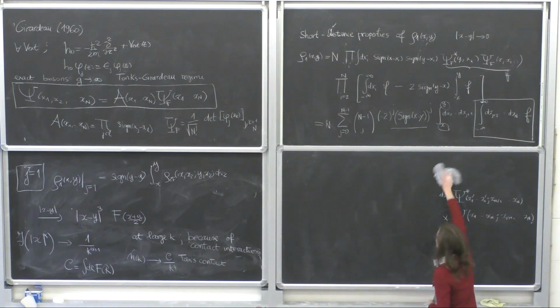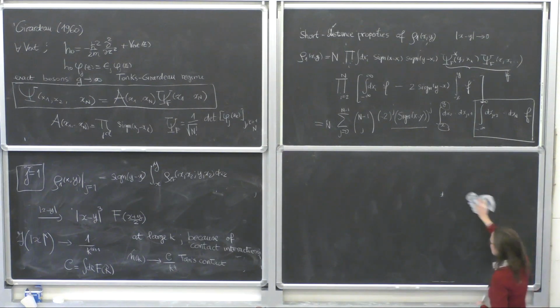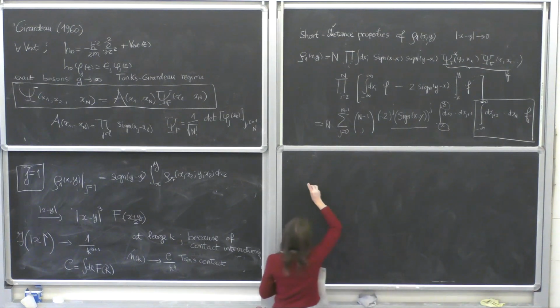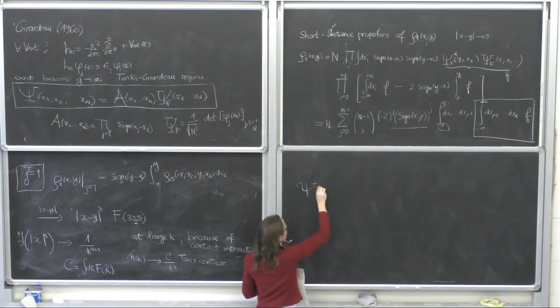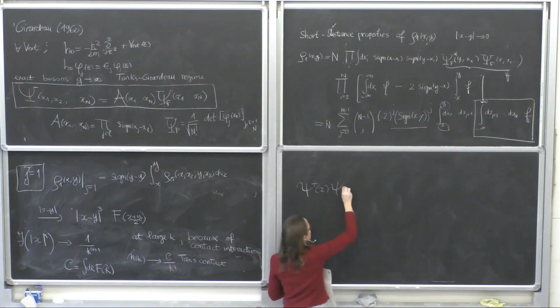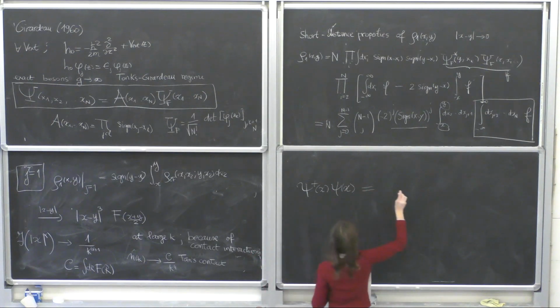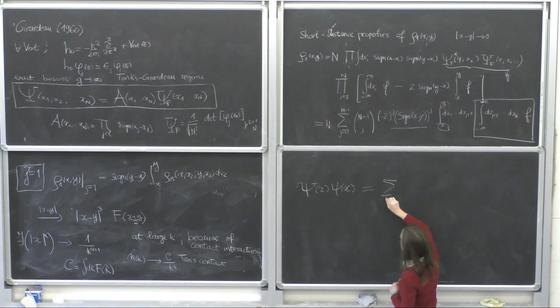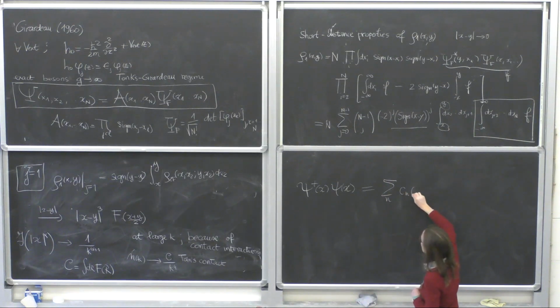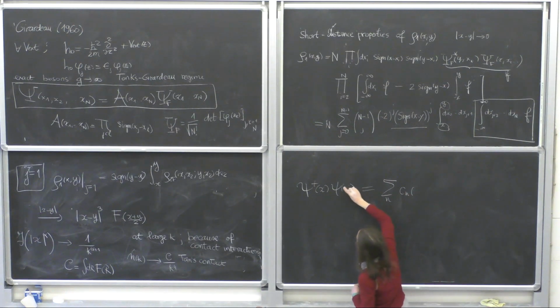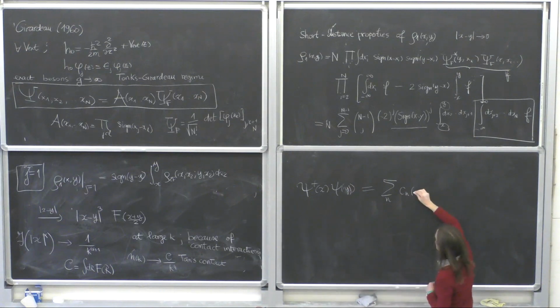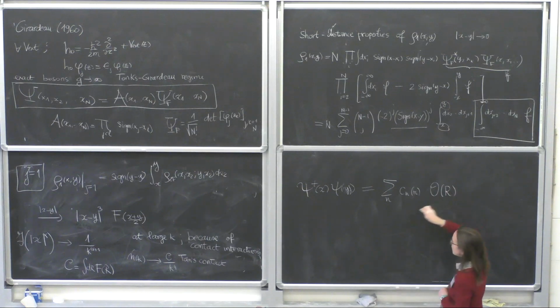Essentially, we have the initial operator, psi dagger of x plus y, and in general it can be written as a series of some coefficients that depend on the relative difference, and then some operators that depend on the center of mass.